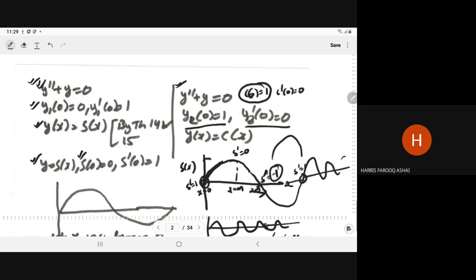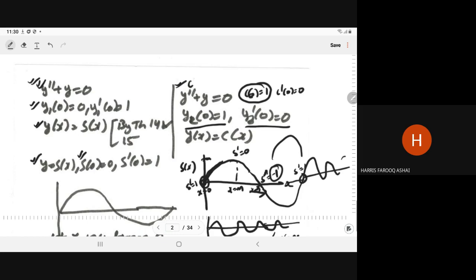Since C dash is equal to 0, slope is 0. It means it is the maximum value, right? Slope is 0. Then as x increases, Cx will be positive.